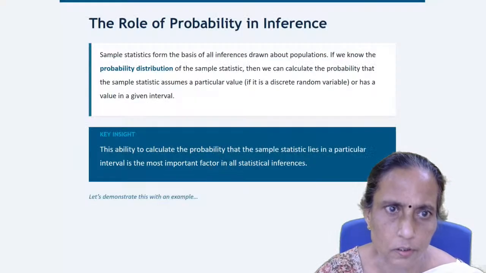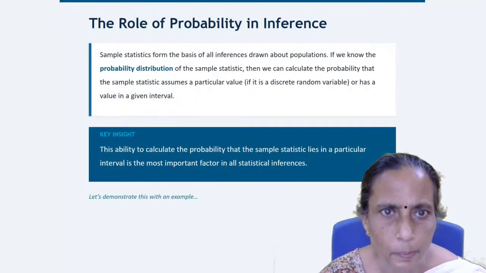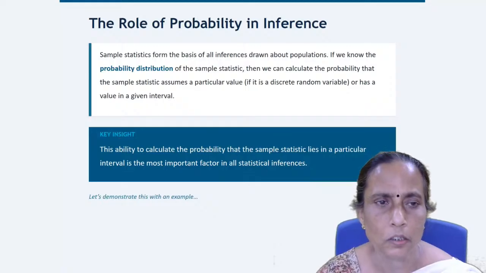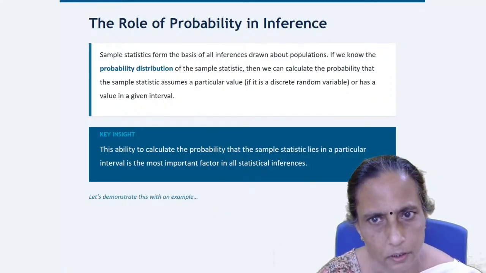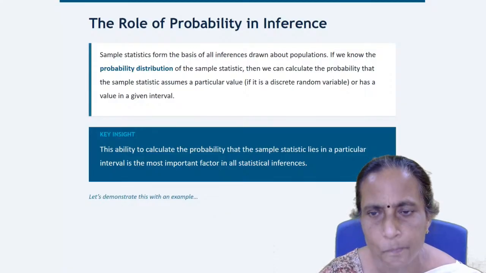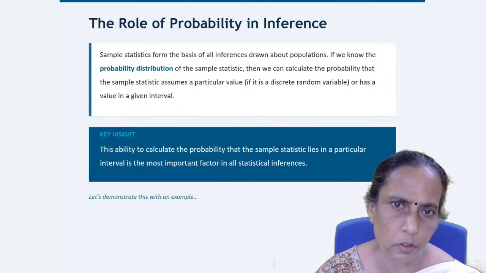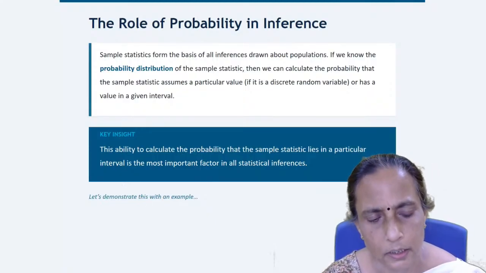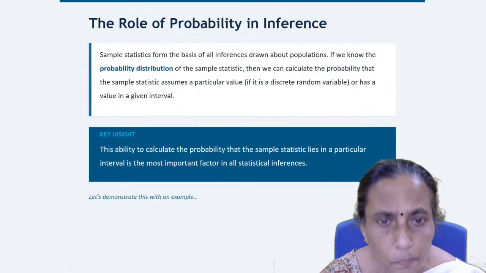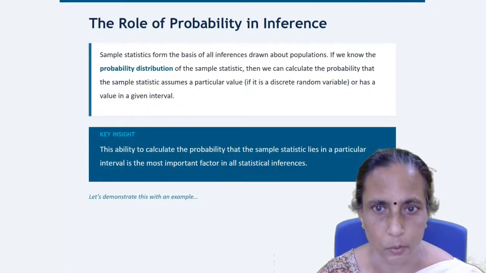Okay, next. The role of probability in this inference: since sample statistics form the basis of all inferences drawn about populations, if we know the probability distribution of the sample statistic, then we can calculate the probability that the sample statistic assumes a particular value.